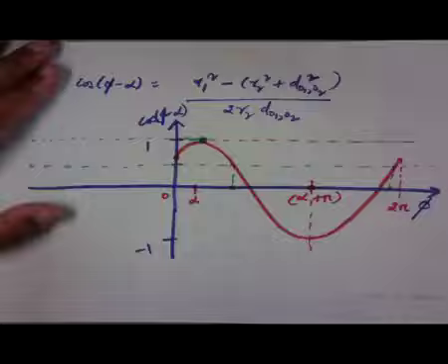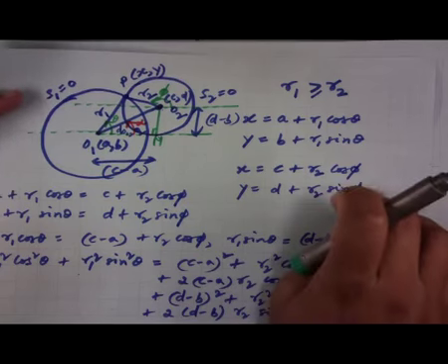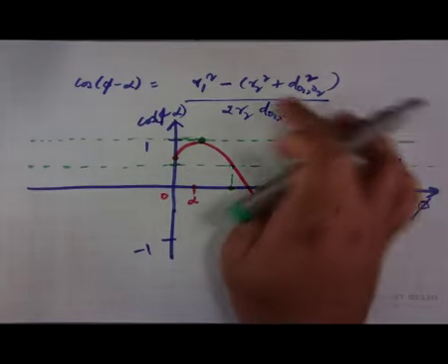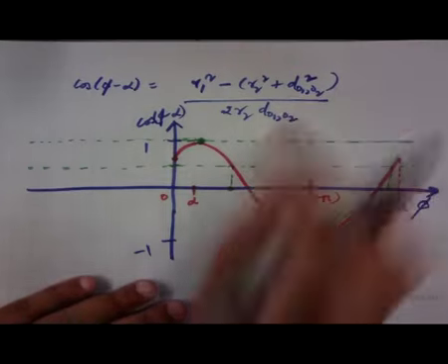Therefore, the two circles will touch each other only at one place, whose coordinates will be given by this equation, but with phi equal to alpha, if the radius and the distance between the centers were such that this right hand side is equal to 1.